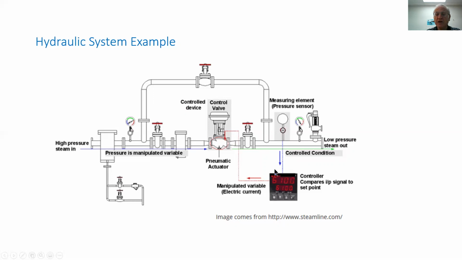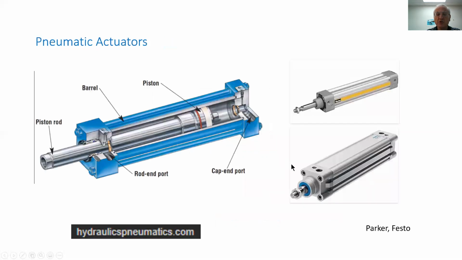Then it compares it within the controller to the desired set point, and the difference is acted on by the filters. There could be proportional, integral, and derivative, or a combination, and then it makes a correction in the control valve setting such that the pressure will be as required by the set point.